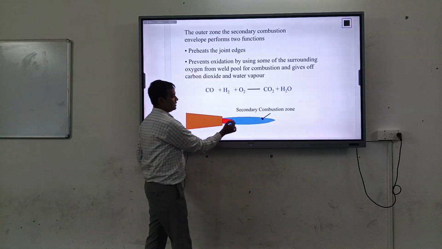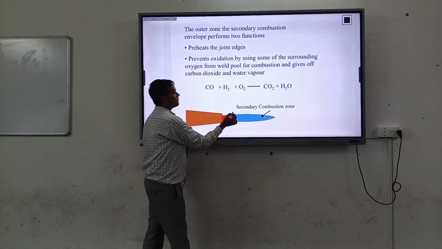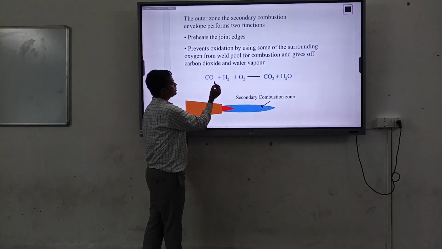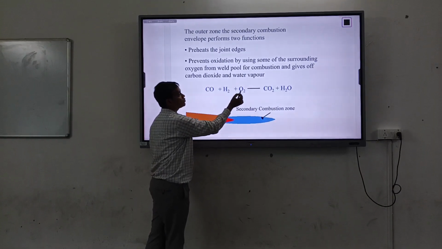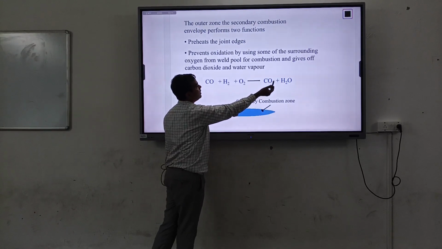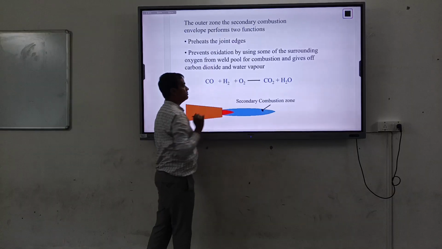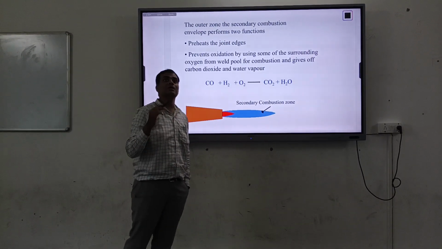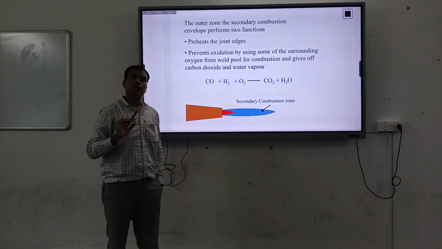In this part the temperature is lower because the secondary combustion zone is here, and here CO plus H2 plus O2 react and convert into CO2 and some water vapor. H2O here means not water, but water vapor.